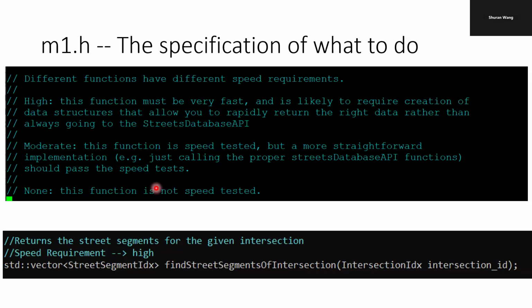In m1.h, you'll see a description of the different speed requirements in this milestone. So for a high speed requirement, which is what is defined for this function, it needs to be very, very fast. And it's likely to require creation of global data structures to allow you to rapidly return from the data structure rather than going into the streets database API and building the vector.